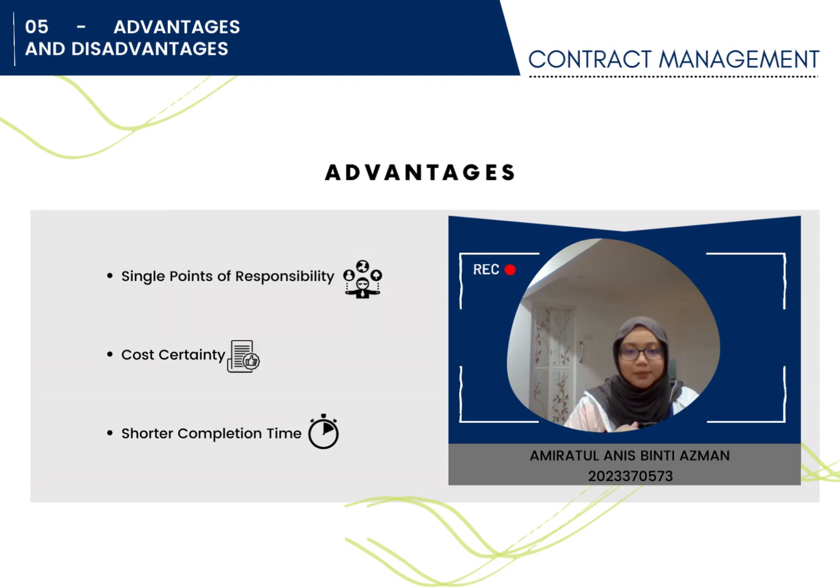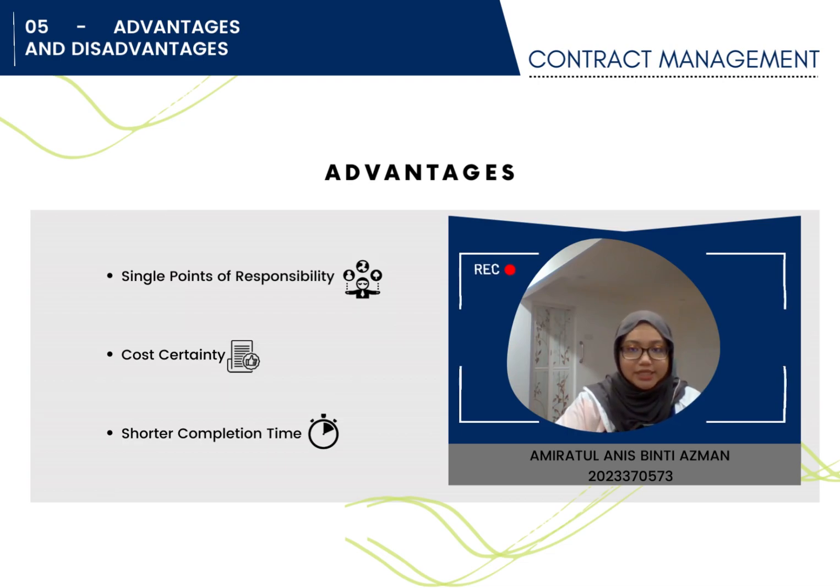This method places responsibility for the project's design and construction phases on the contractor. As a result, the owner only needs to communicate with one person throughout the entire project for accountability consideration. A single point of contact could make it easier for the owner to oversee the project and to ease communication.